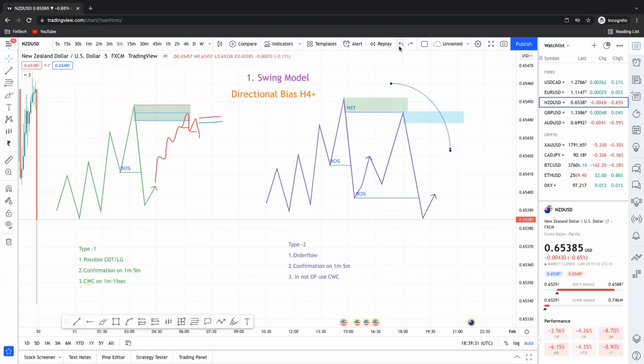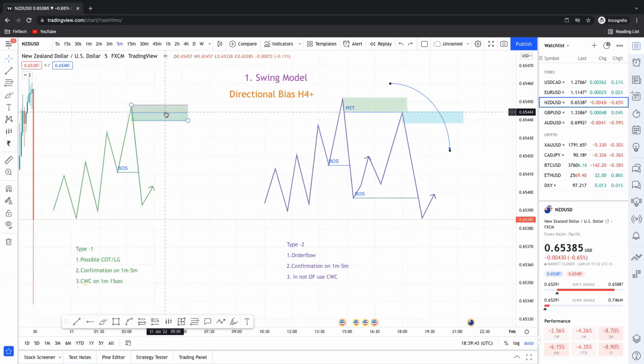I will repeat. Okay, so what you're going to look for in type 1. Type 1 will be the possible change of trend, so we don't know yet. And confirmation on the POI, you're going to look for a 1, 2, 3, 4, 5 minutes confirmation model, and 15 second or 15 second to 1 minute confirmation within that confirmation.